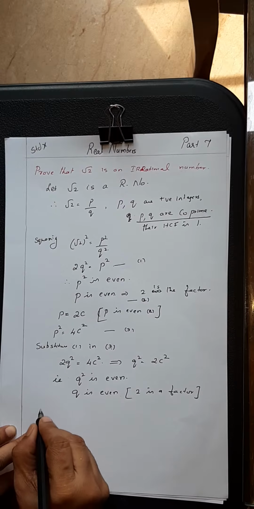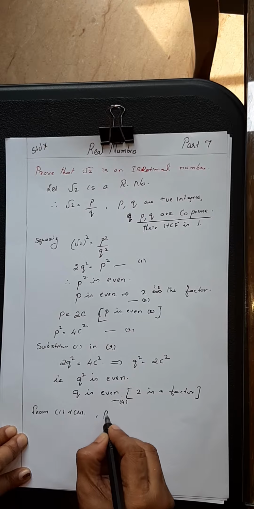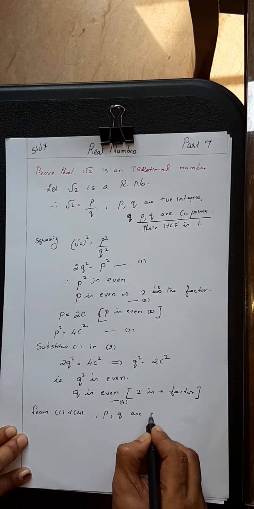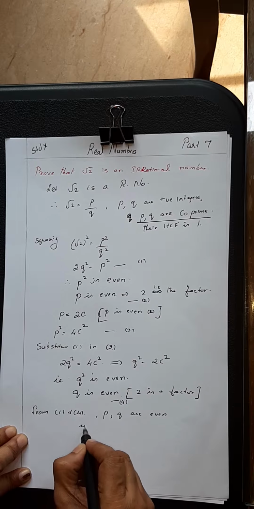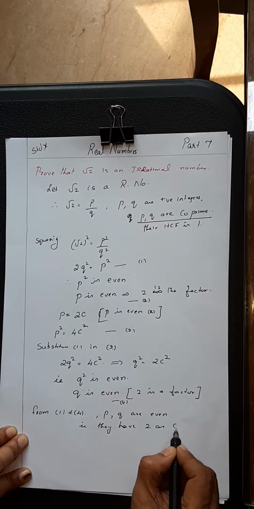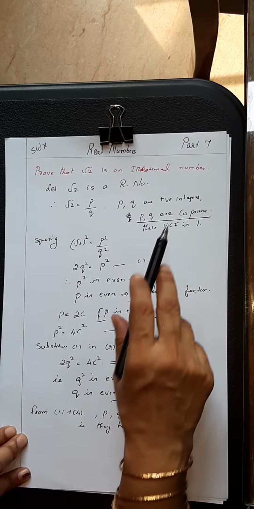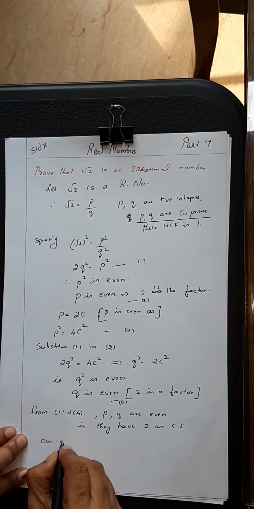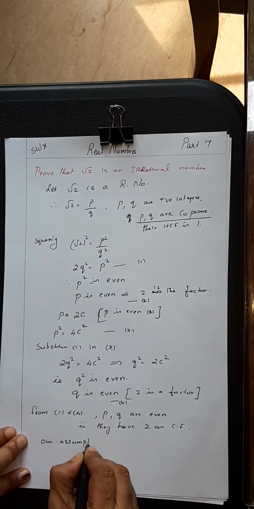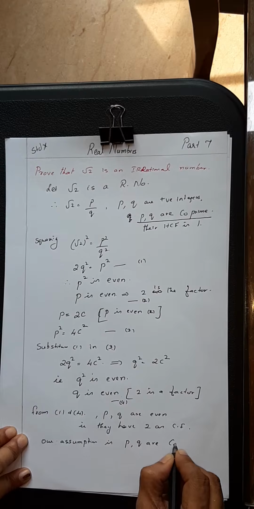So from 1 and 4, p and q are even. That means they have 2 as a common factor. But our assumption is that p and q are co-prime.